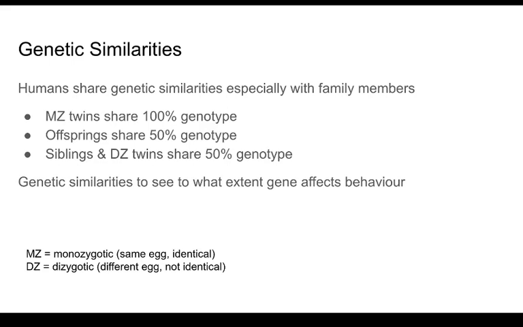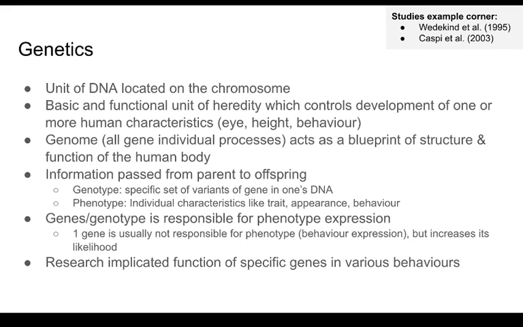These similarities help look at to what extent genes affect behavior, because, as explained before, it's hard to tell whether a behavior is actually caused by genetics or by environmental effects.